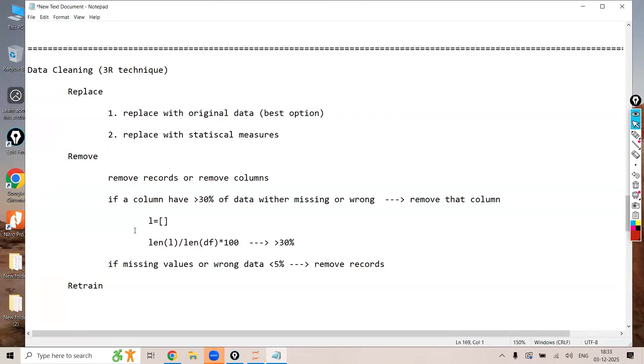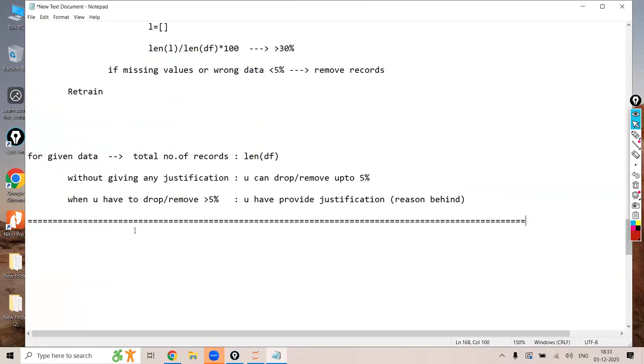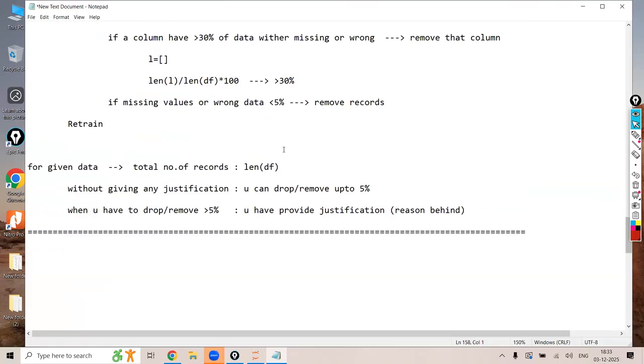Each data set will have a different business problem, different data. Like that, the more projects you solve, the more experience you gain. Point is clear, guys? Now, coming back, it is standard. Whatever I am writing here, it is standard.